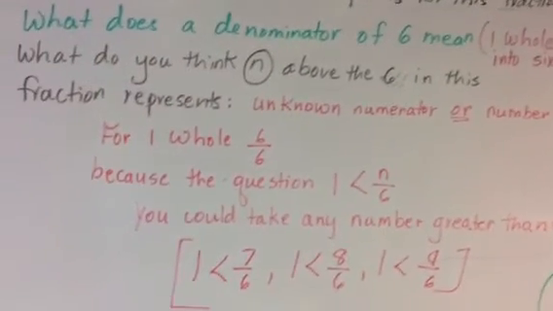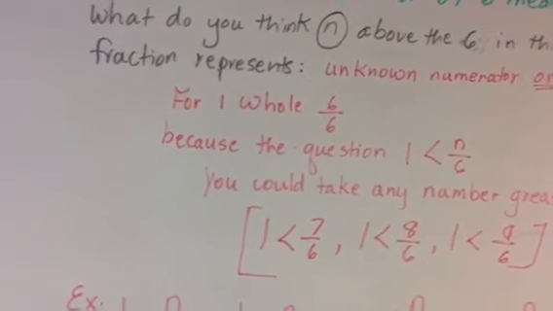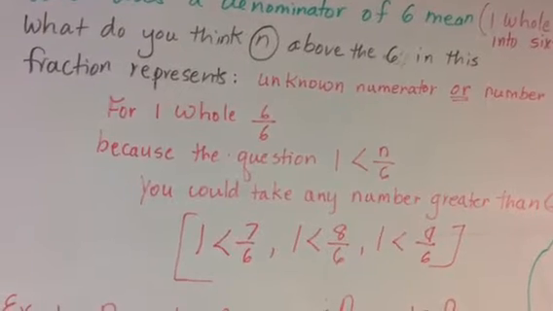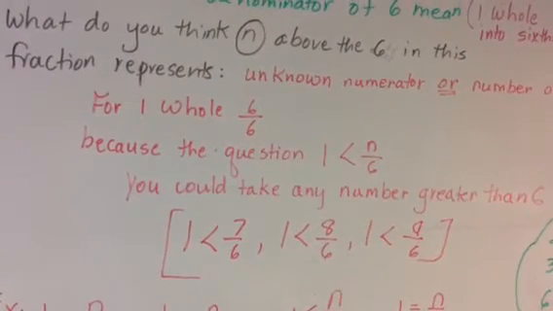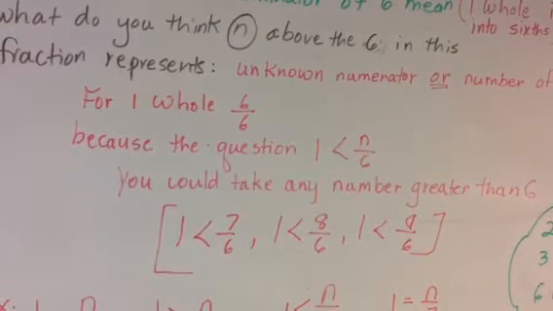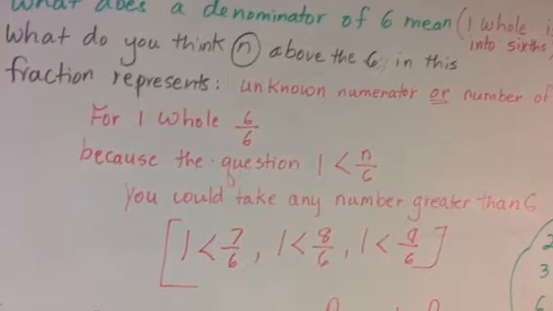So you could take 1 is smaller than 7/6, 1 is smaller than 8/6, or 1 is lesser than 9/6. That means 6 is the parts it's divided into.